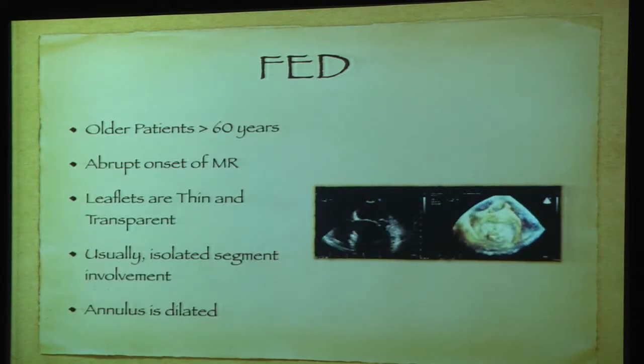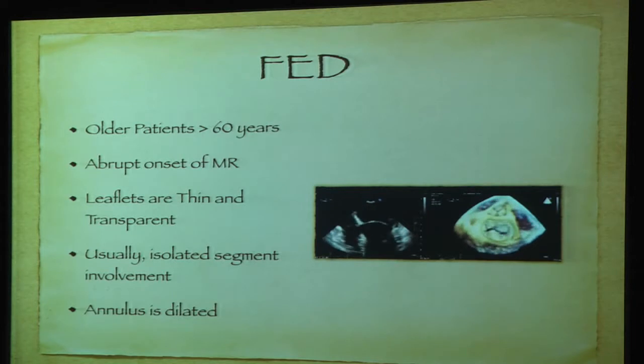On the flip side, you have the fibroelastic deficiency. These are usually older patients, more than 60 years of age, generally speaking. They have an abrupt onset of MR. They will usually have an isolated segment involved. Doesn't mean they can't have all segments, but isolated, generally speaking. You can see a P2 involvement over here, P2 prolapse.